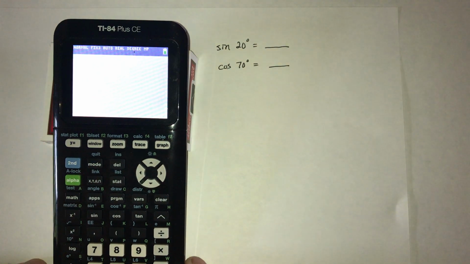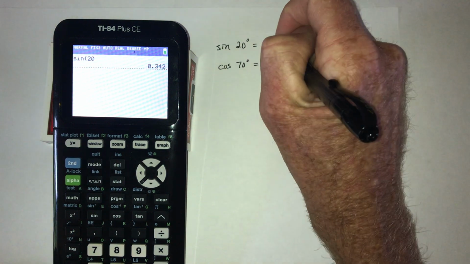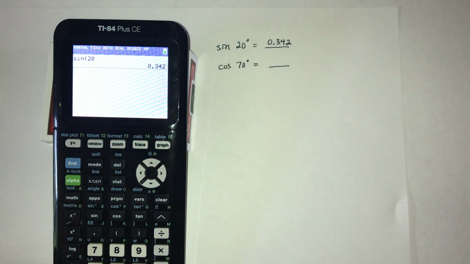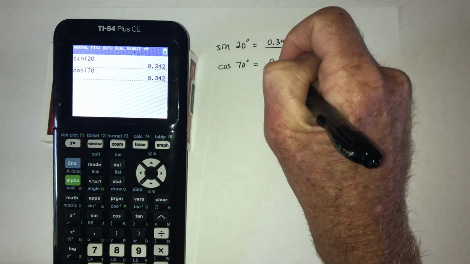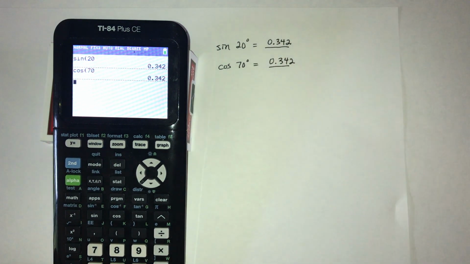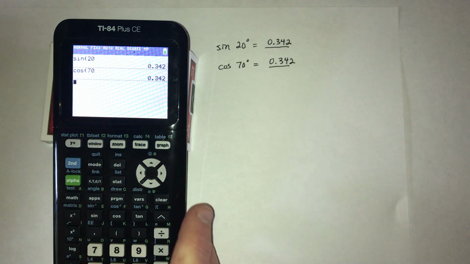Okay, so how much is sine of 20 degrees? It equals 0.342. What about cosine of 70 degrees? So the cofunction theorem said that I would get the same answer, and sure enough, it's the same.